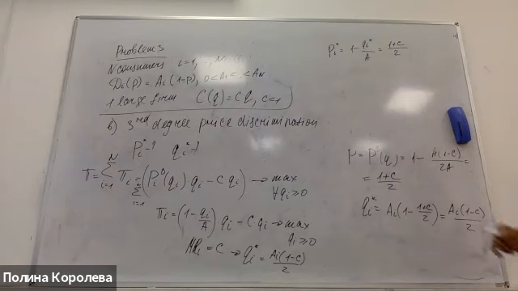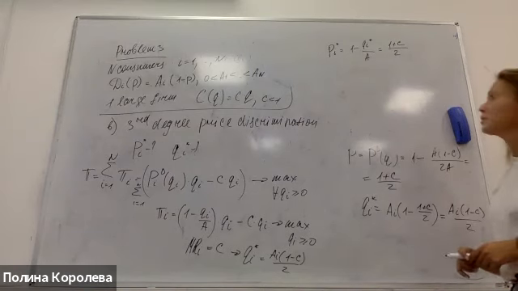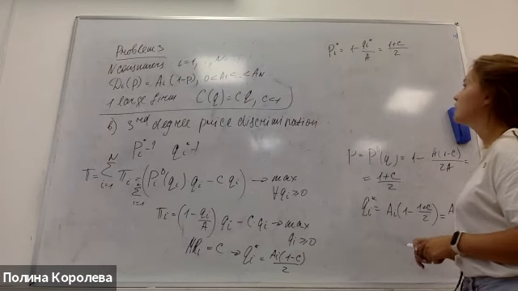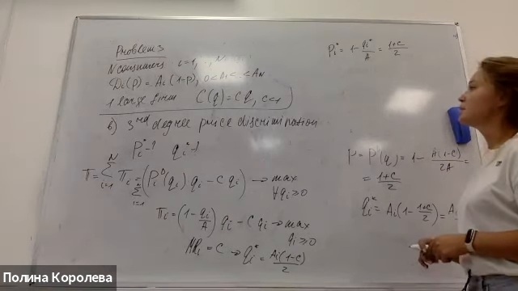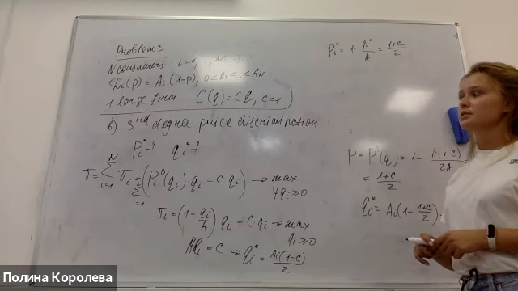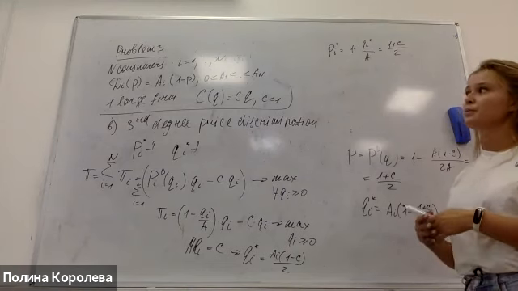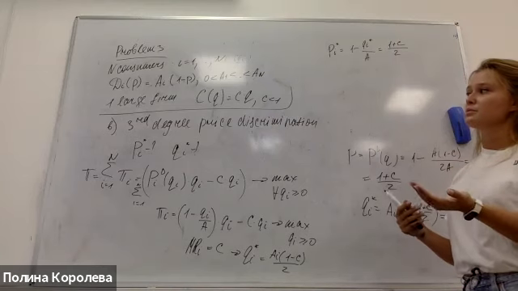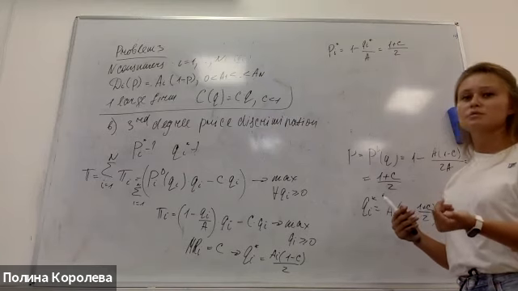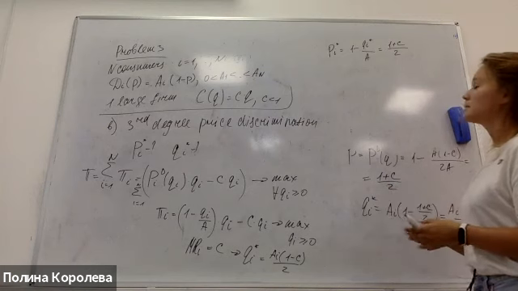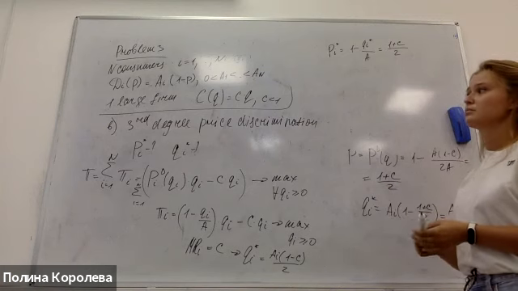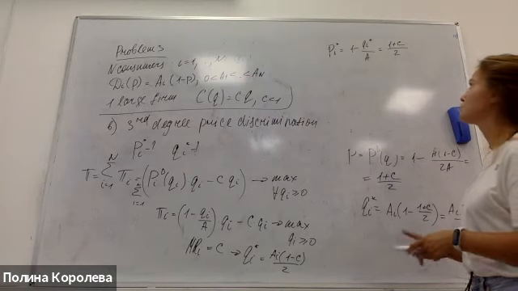And we can see that this answer is the same as in the previous point. So in this task, we see that even if the firm discriminates, she will get the same profit.